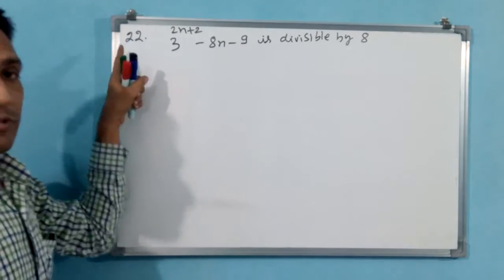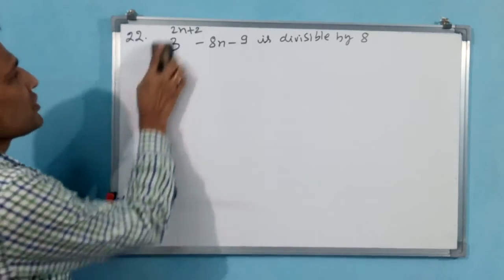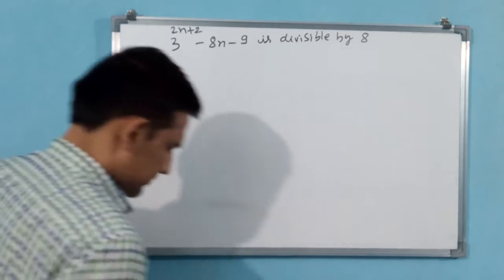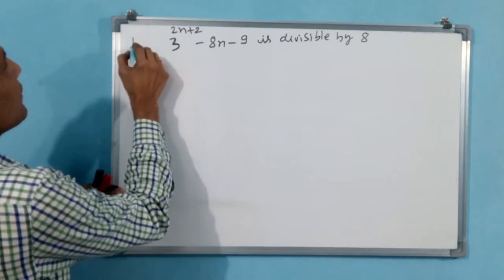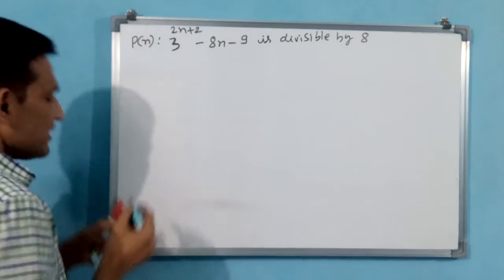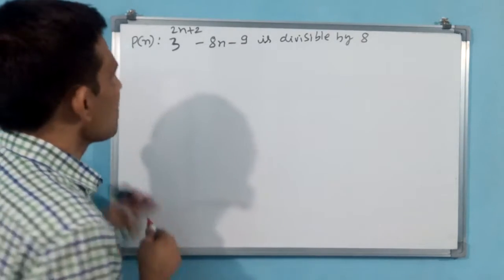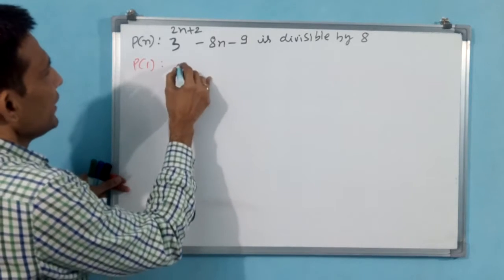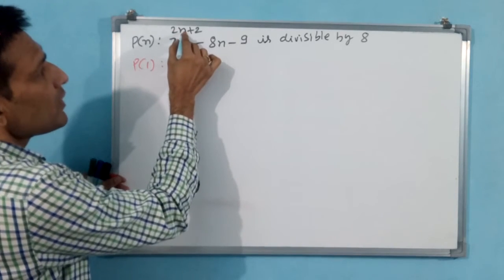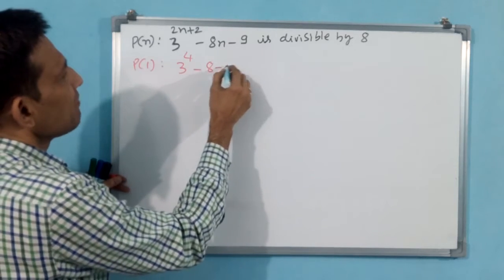But here what we have to do, this 22 I am changing as Pn. You don't change, you write again. Pn. Pn. 2 steps are over. Next step is P of 1. Write down P of 1. 3 power 2 into 1 plus 2, 4. 3 power 4 minus 8 into 1, 8, minus 9.